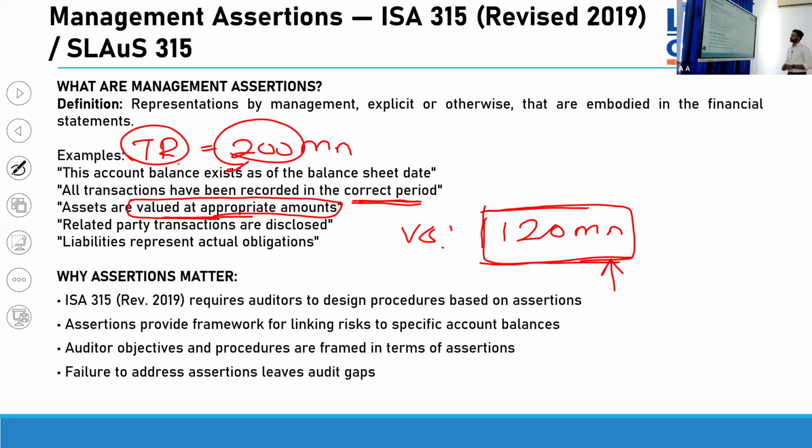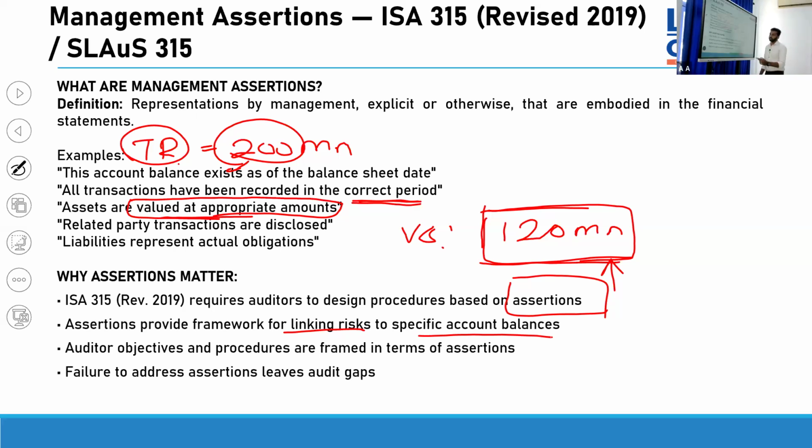Okay. Why do these assertions matter? Why is it important? Because auditors design audit procedures based on these assertions. That is one thing. Next, assertions provide a framework for linking risk to a specific account balance.